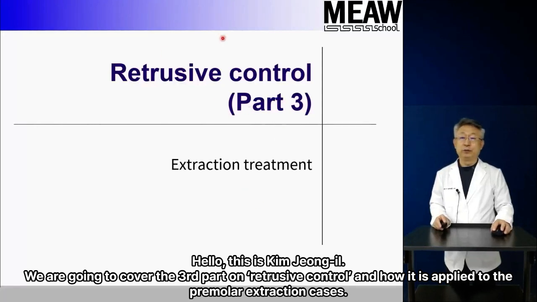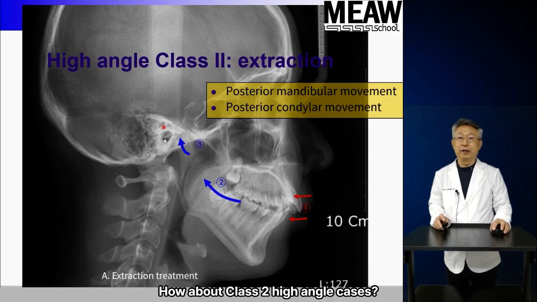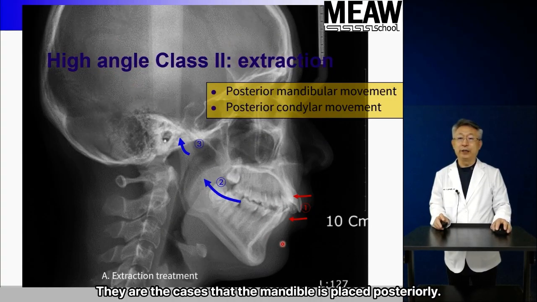We are going to cover the third part on retrusive control and how it is applied to the premolar extraction cases. In the high-angle Class 2 premolar extraction cases, many first extract the premolar. How about Class 2 high-angle cases? They are the cases that the mandible is placed posteriorly.